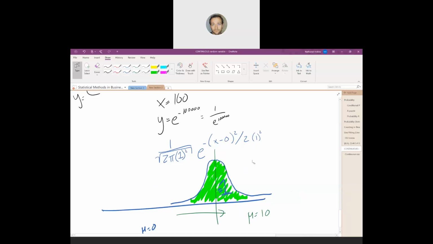Let's see, so now this would be 10. And so for the most part, I think this is plenty to know about the normal distribution.